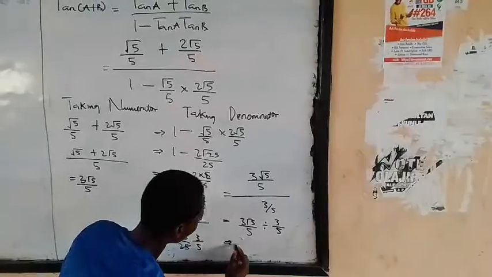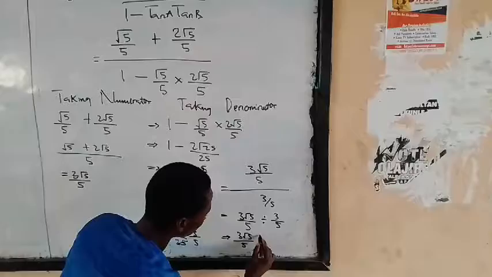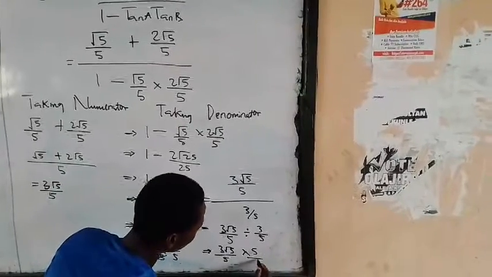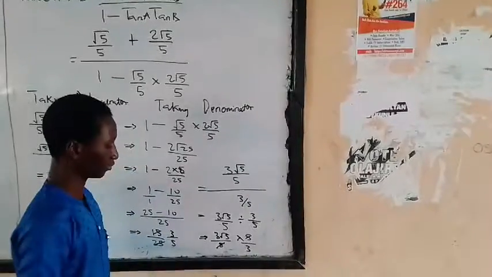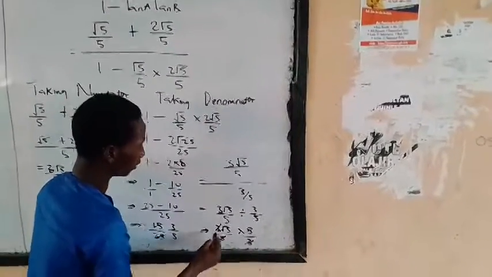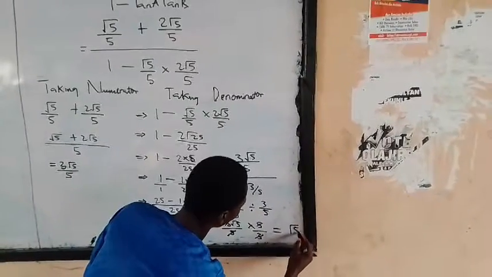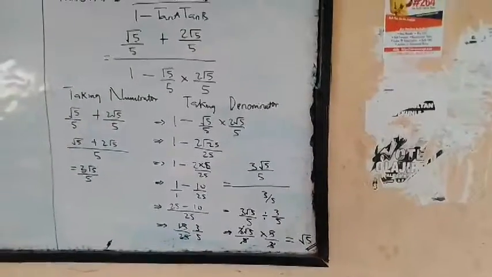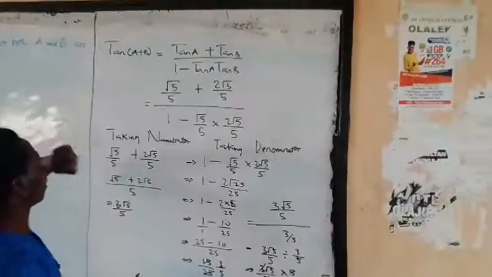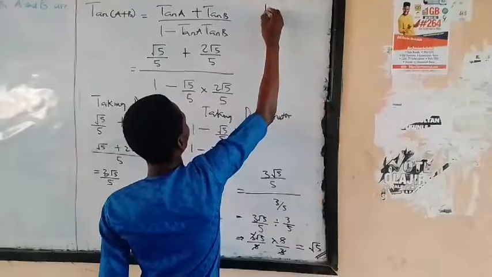So we have 3 root 5 all over 5 multiplied by 5 all over 3. 5 cancels 5, 3 cancels 3. So therefore our final answer is root 5. That simply means that tan(A + B) is equal to root 5.